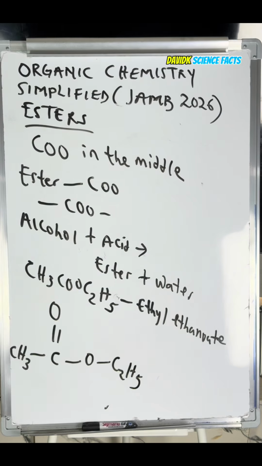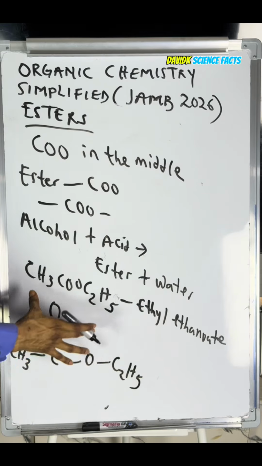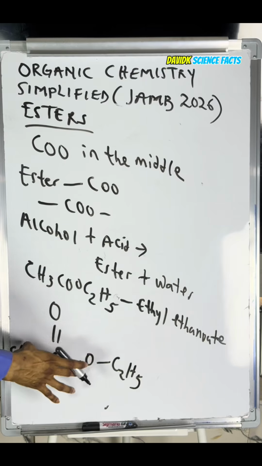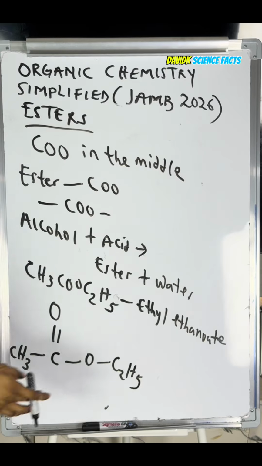Now this is the part from the acid. Now just take a look at this structure. This is the part from the acid, while this is from the alcohol. So if you see COO in the middle, it is an ester. No stress.